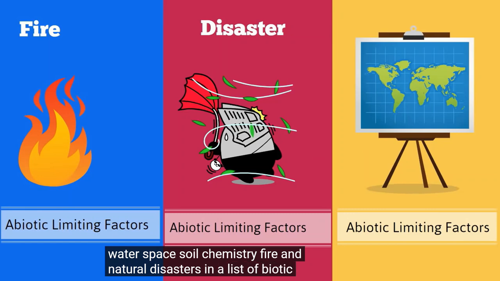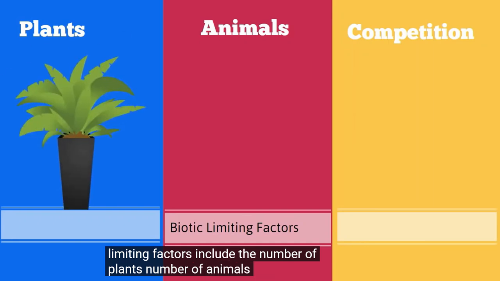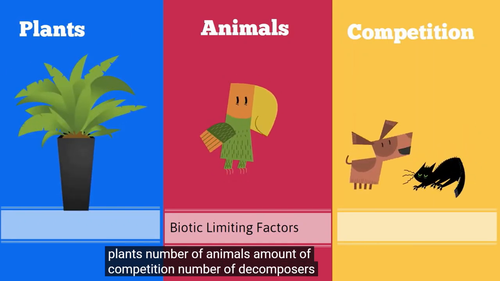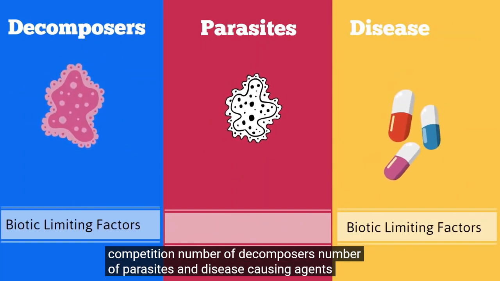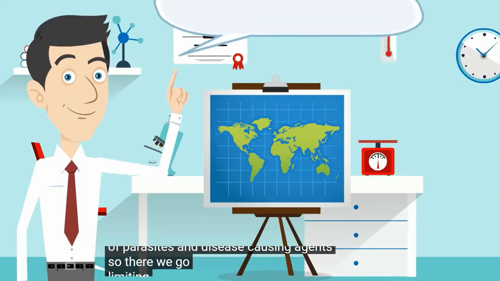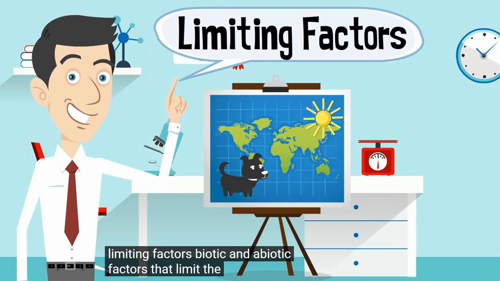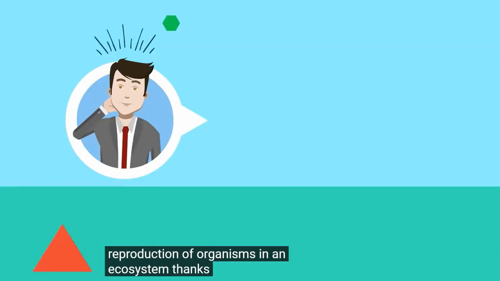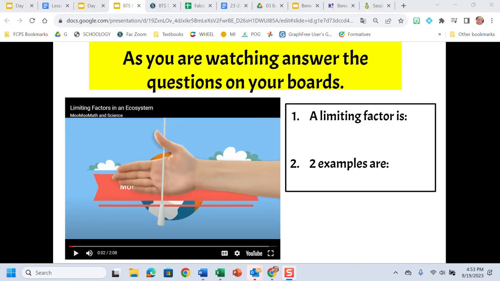And a list of biotic limiting factors include the number of plants, number of animals, amount of competition, number of decomposers, number of parasites, and disease-causing agents. So there we go, limiting factors, biotic and abiotic factors that limit the size, number, and reproduction of organisms in an ecosystem. Thanks for watching, and Moo Moo Math uploads a new math and science video every day.